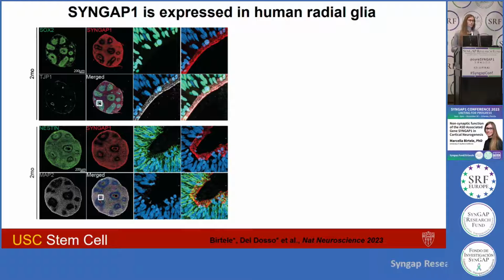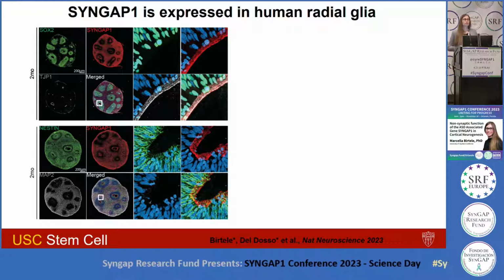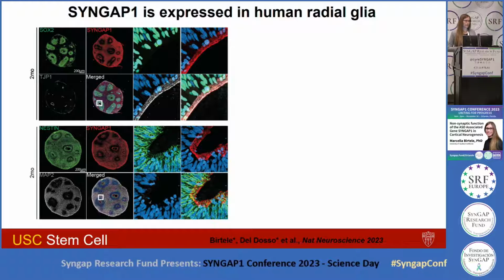So we went to the organoid system and we waited 2 months. We cultured these organoids, and at this time point, what you can see is a SOX2 positive area in the upper left side of the panel, where SOX2 labels radial glia cells.